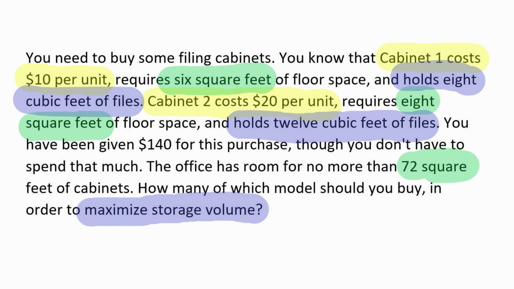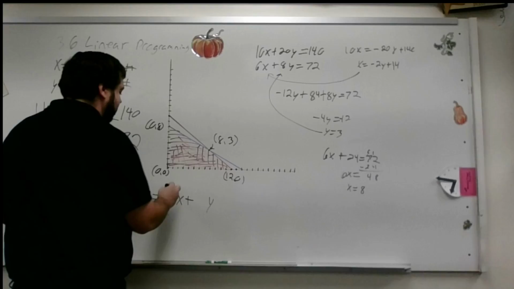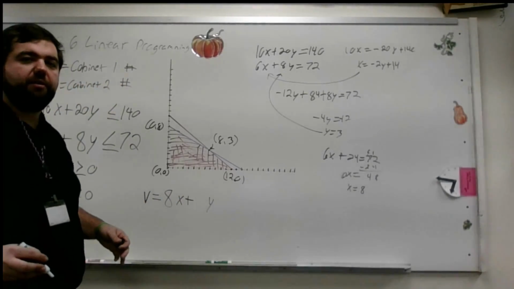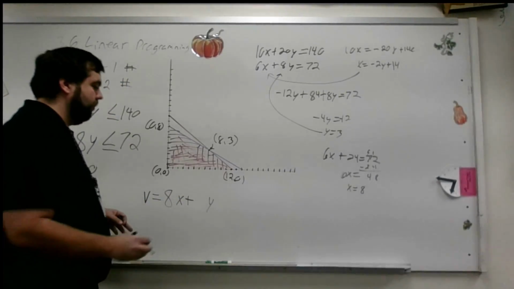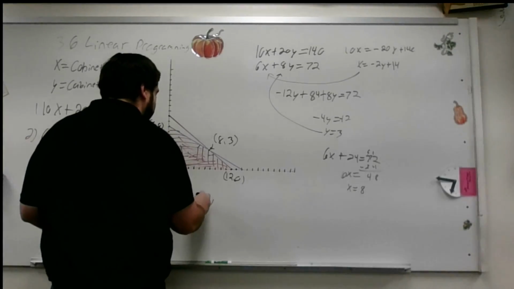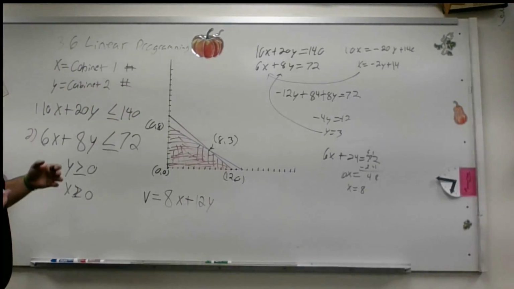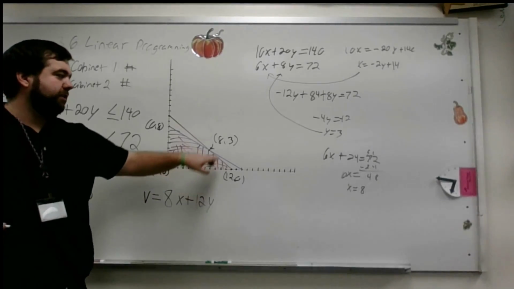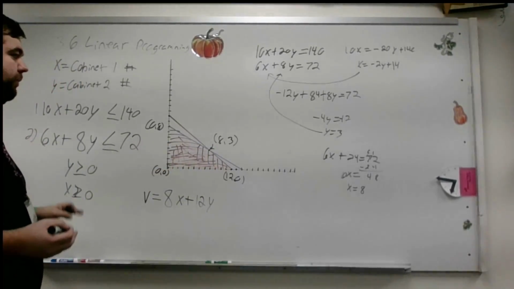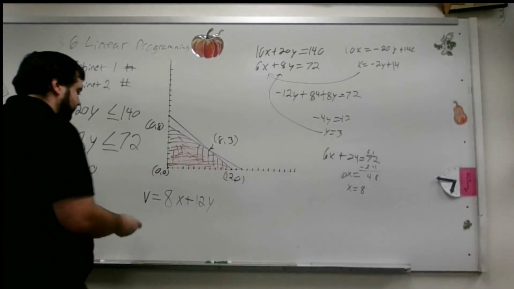When it talked about volume and cabinet X, what did it say? Well, each one holds 8 cubic feet of files. Talked about Y, each one holds 12 cubic feet of files. Now I need to plug in my 4 vertices, figure out which one maximizes the space.